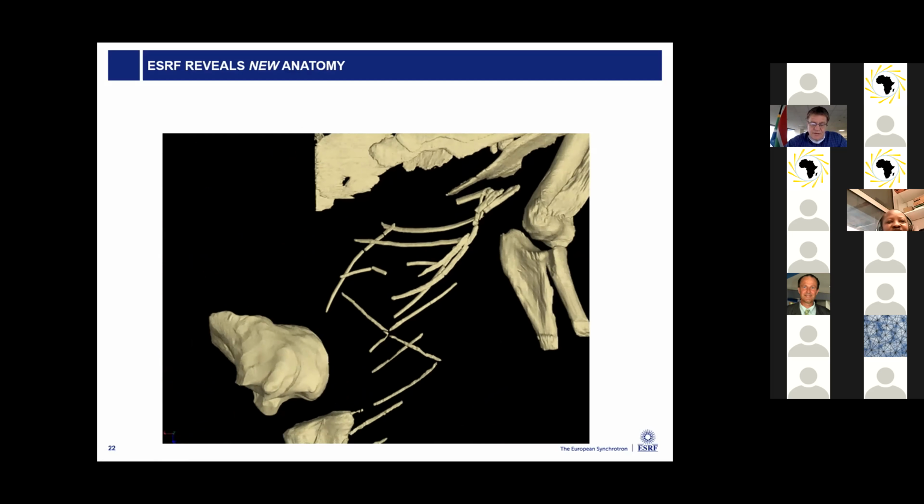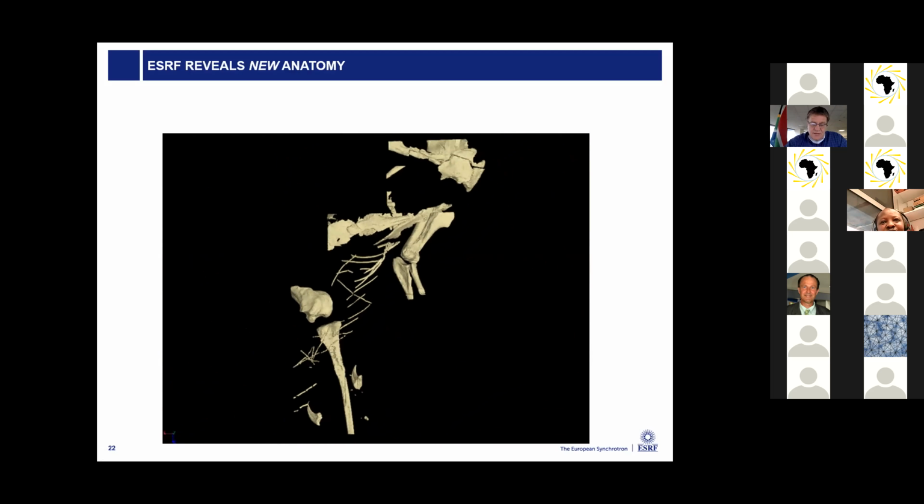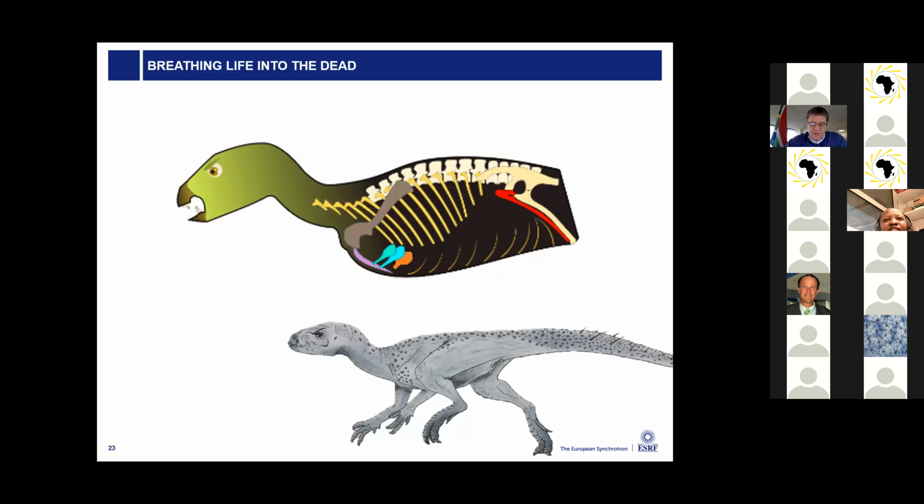What was interesting is that the synchrotron CT revealed structures that were not known before to have existed in this specimen, which are these gastralia here, the blue and green things that look like tennis rackets, which are thought to have contributed to breathing as they are attached to the diaphragm.